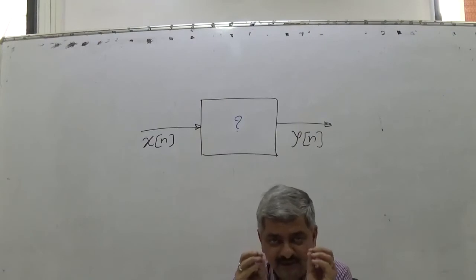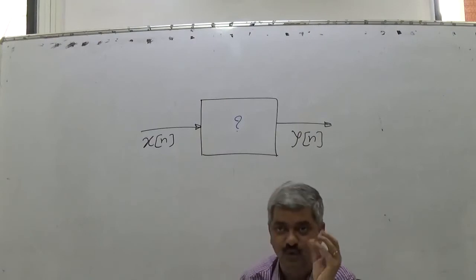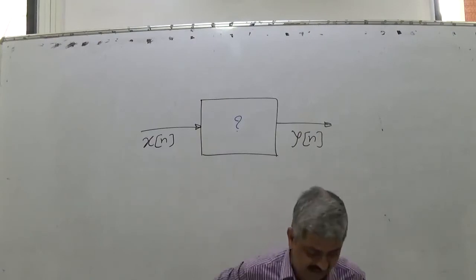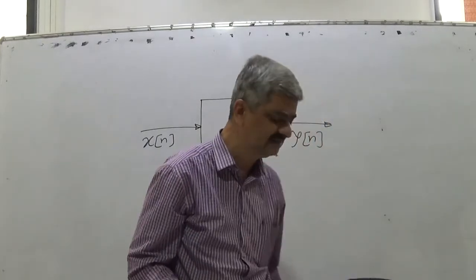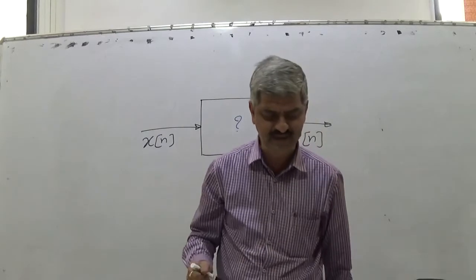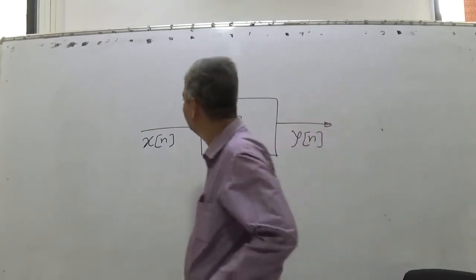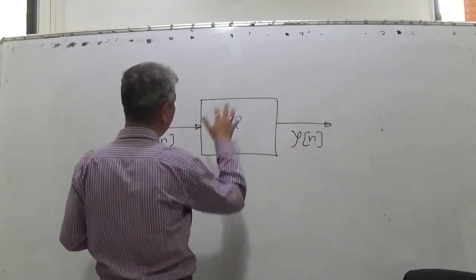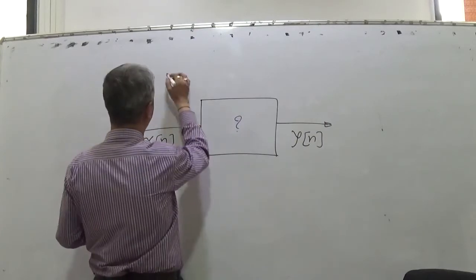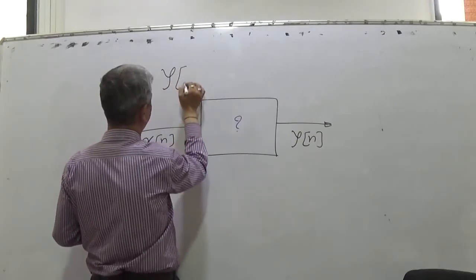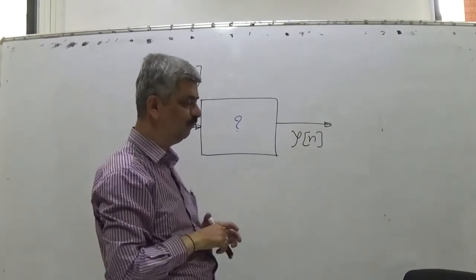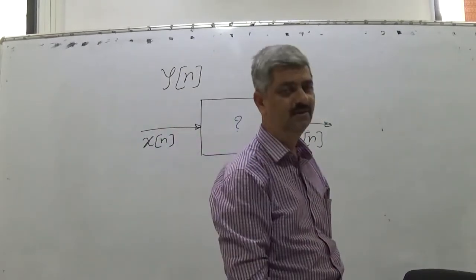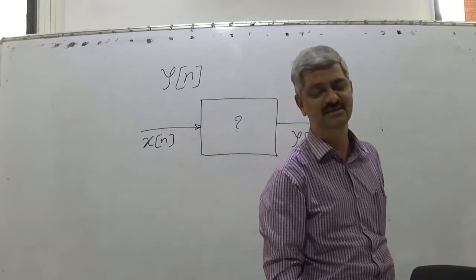The example of convolution which I explained describes the entire system. For a meaningful system, what is Yn? Yn is a weighted sum. Listen very carefully.